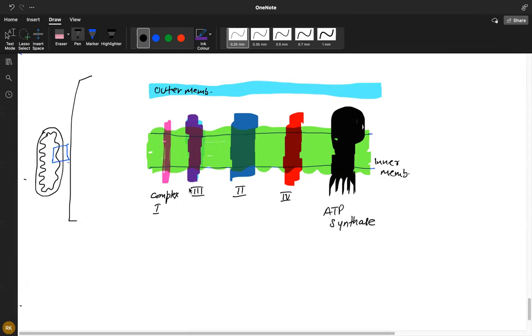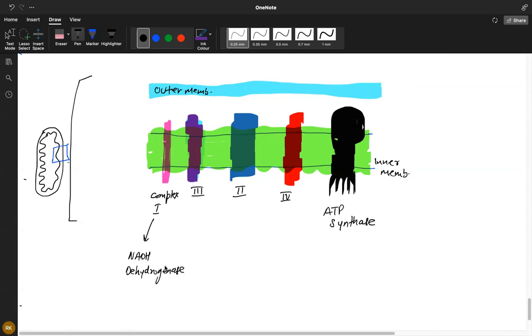Okay, complex 1, write down the names. Complex 1 is also known as NADH dehydrogenase. It has this enzyme.